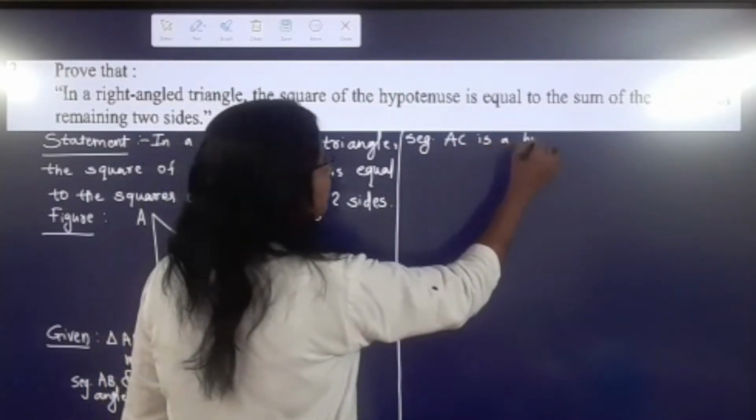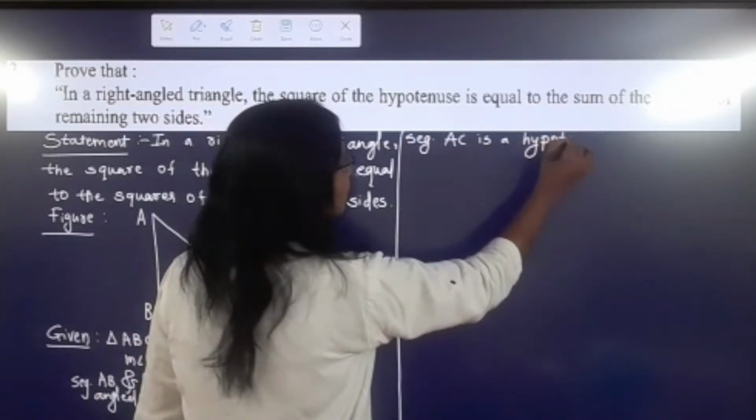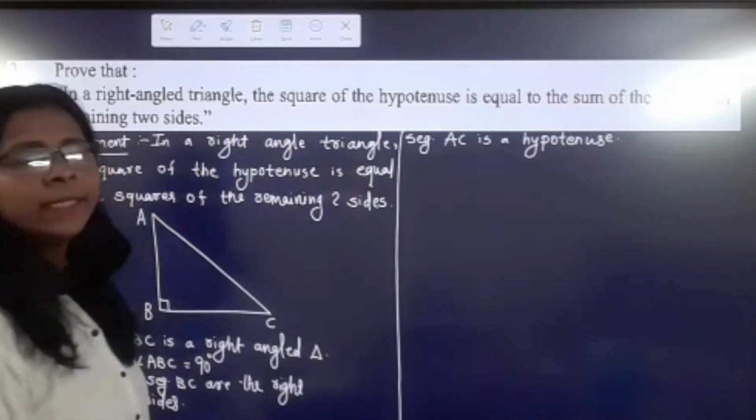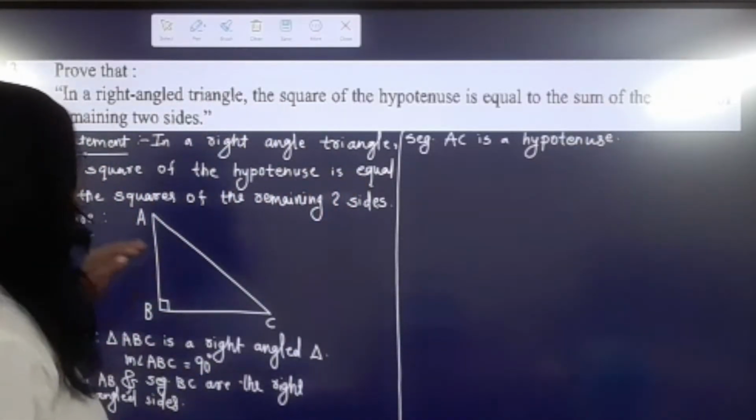This information we write down from the figure.